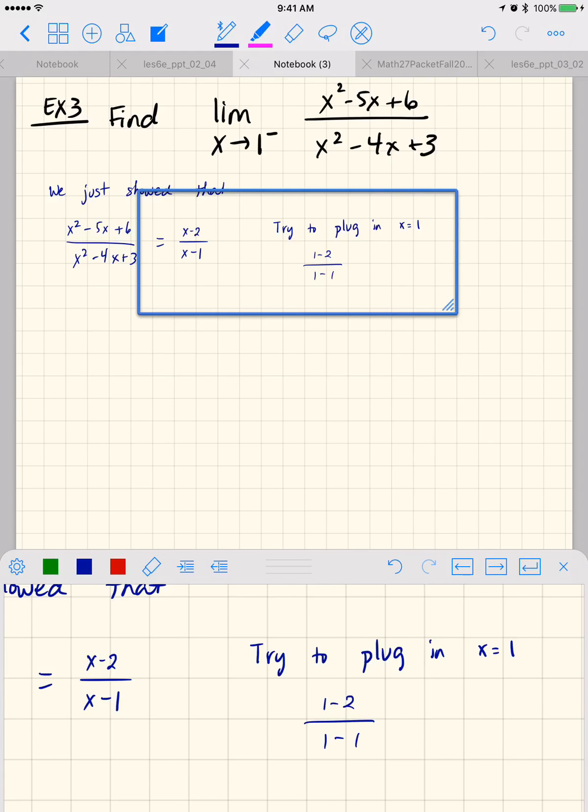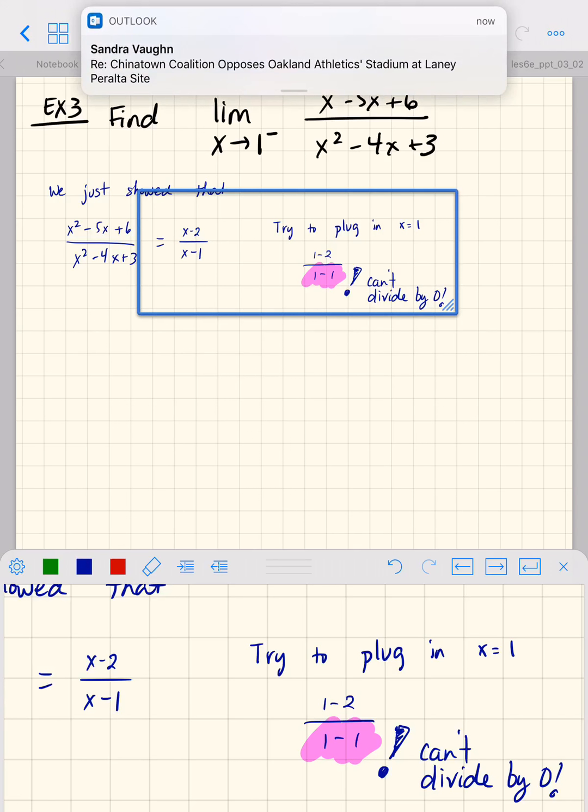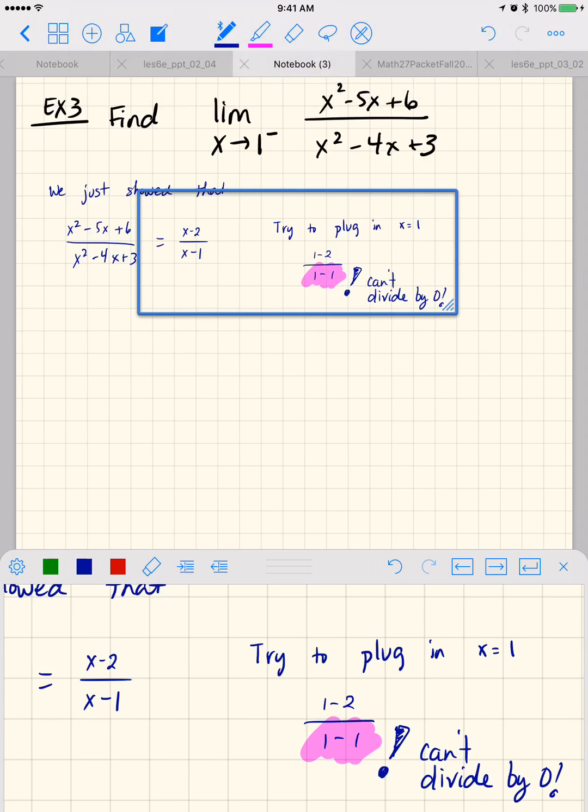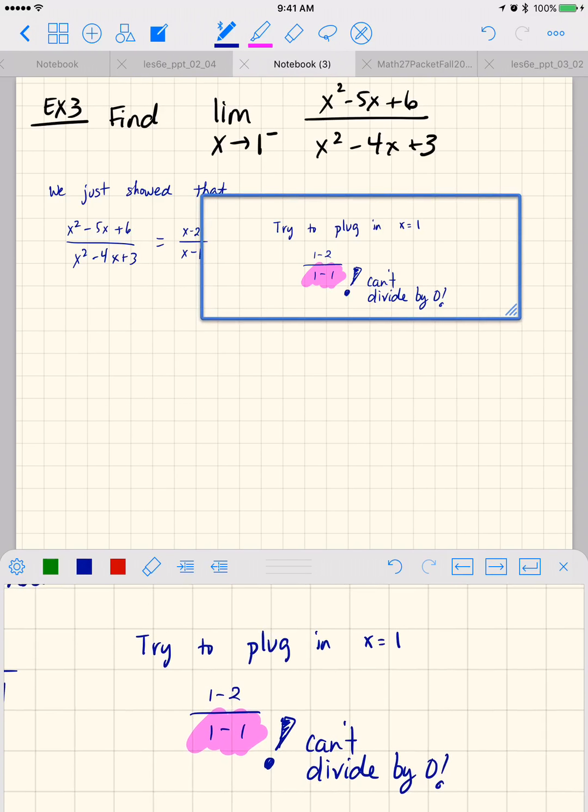You say, oops, it can't divide by 0. So that's a key that something is wrong.